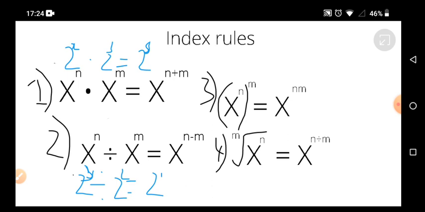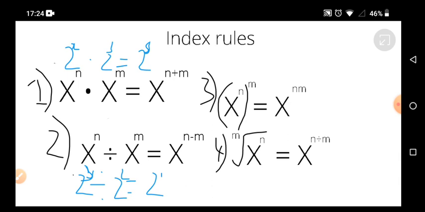Okay, so the third rule: if we have a base to a power, which is then raised to another power, we could say that it's just the base raised to the two powers multiplied together. So x to the n, raised to m, is x to the nm.